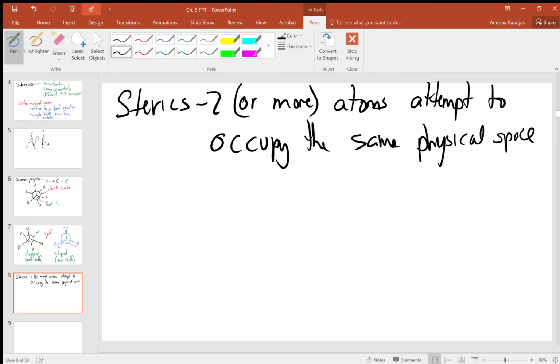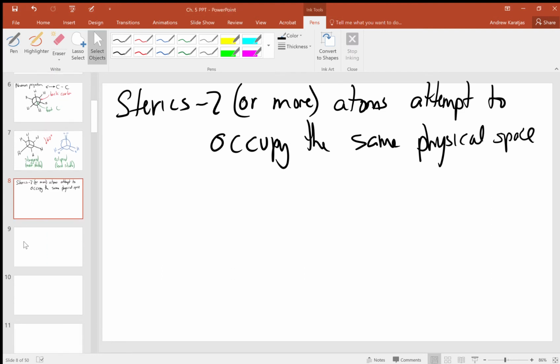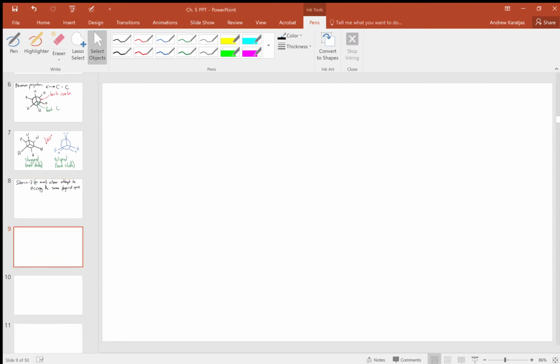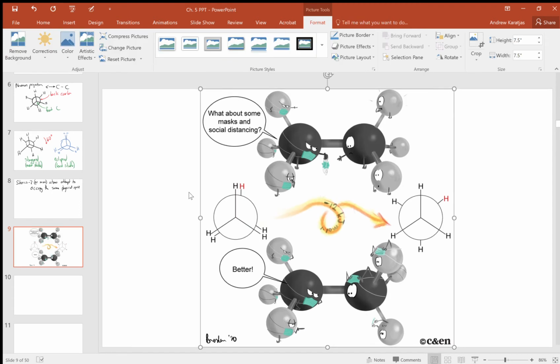And atoms don't want that. They don't really like that. In general, atoms want to be further apart, as you can see here.